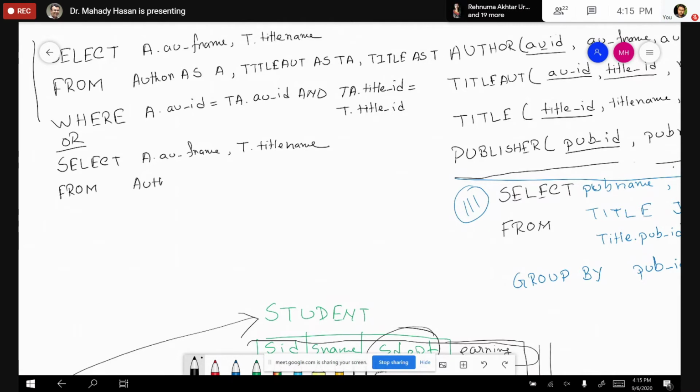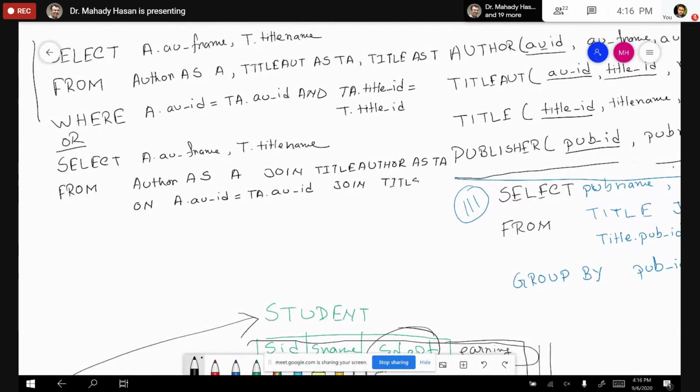author as a join with title author as TA on a dot auid equivalent to ta dot auid join title as t on t dot title id equivalent to ta dot title id.